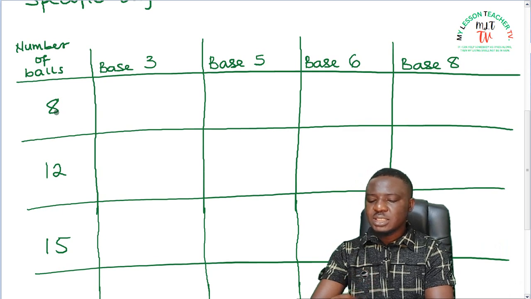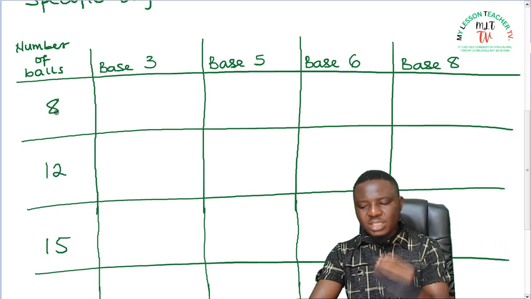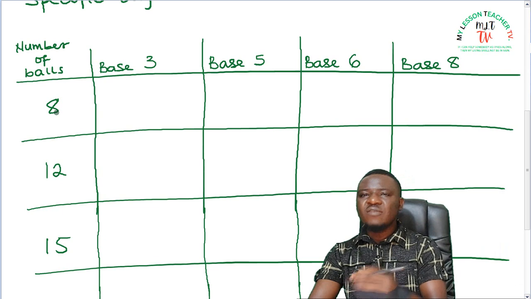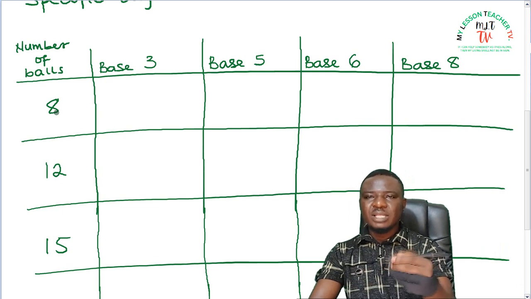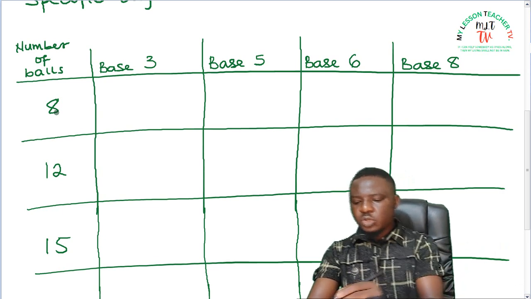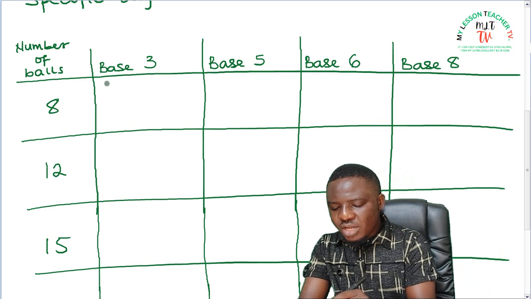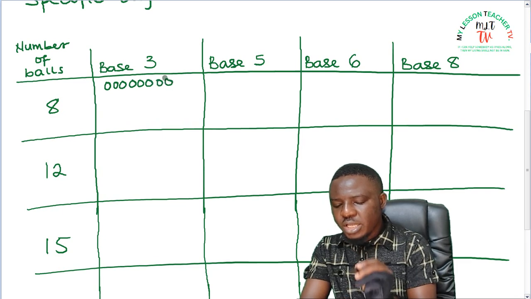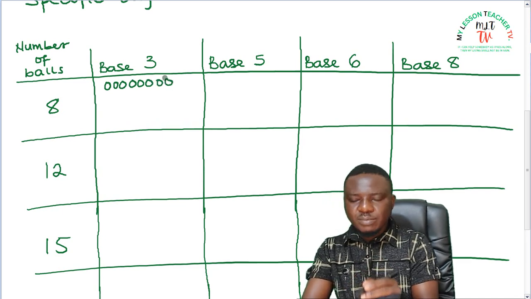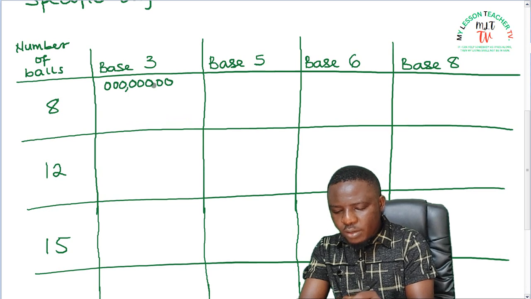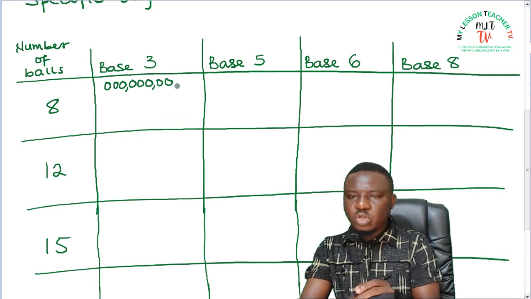Now, 8, which is given as the number of balls in base 10, we are to express it in base 3. What this means is, if you have 8 balls, group them in terms of 3s. So this is what I'm going to do. If I have 8 balls, this will be 1, 2, 3, 4, 5, 6, 7, 8. Now, if I group them in terms of 3s, this will become 1, 2, and this is not up to 3.